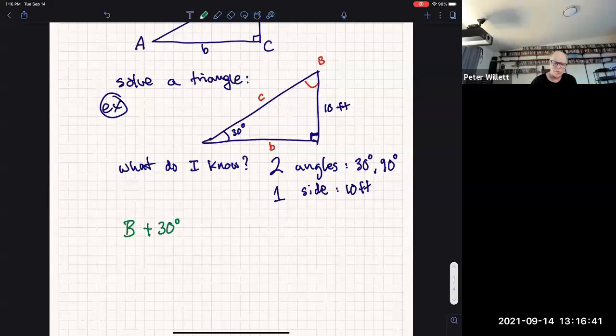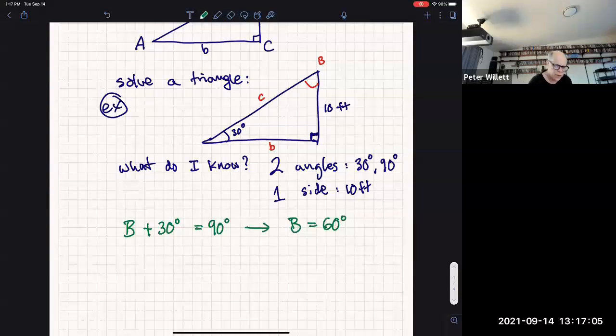But we also know in a right triangle that the two acute angles add up to the other 90. So I know that B plus 30 degrees equals 90 degrees. And if I solve that for B by subtracting 30 from both sides, that tells me that angle B has to be 60 degrees.